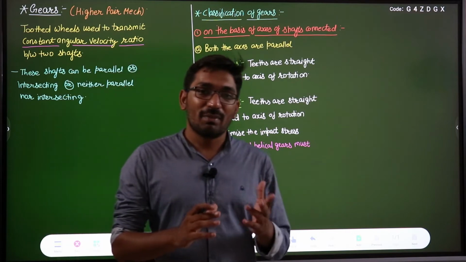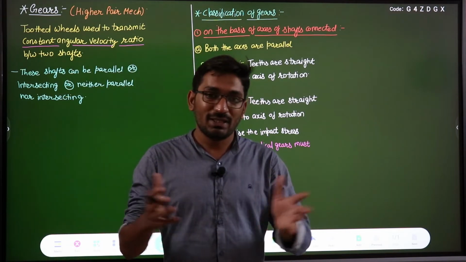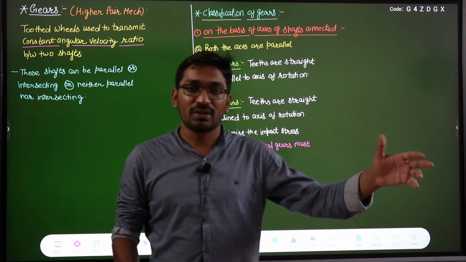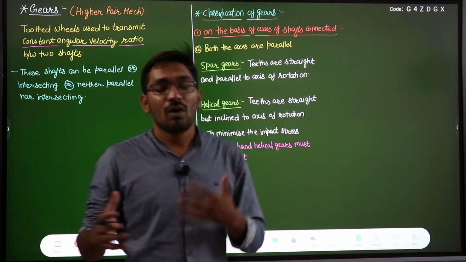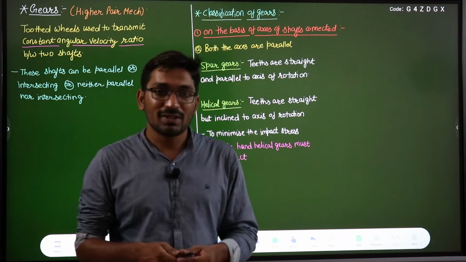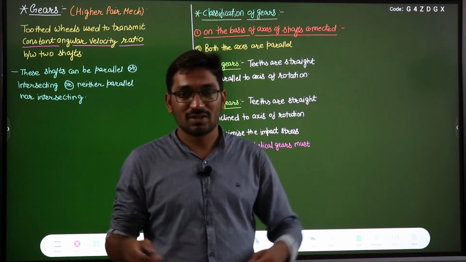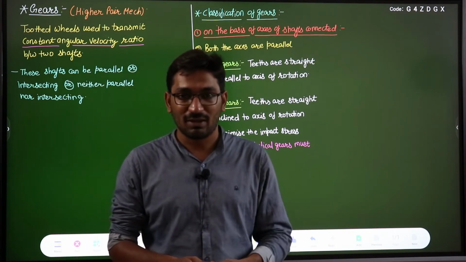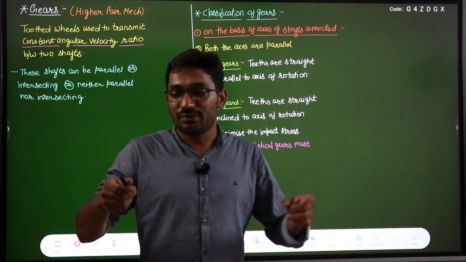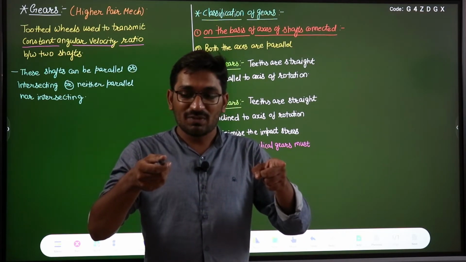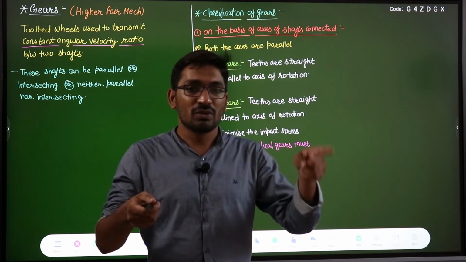Now suppose in a mechanism we have many shafts and we want different angular velocities at different shafts, or you want to transmit power from one shaft to the other, and there is a large or small distance between them, whatever it may be. Suppose these are the two shafts, and we want to transmit the power from this shaft to this shaft.